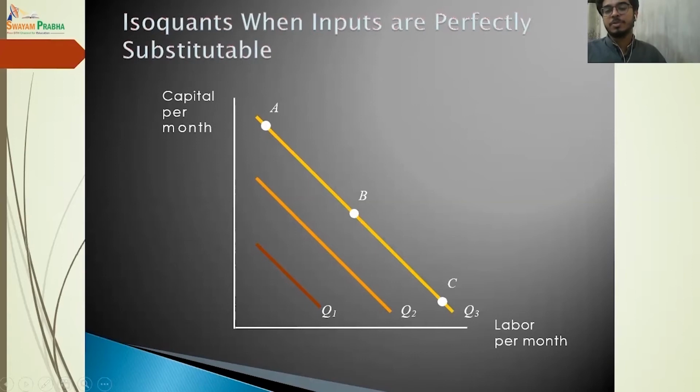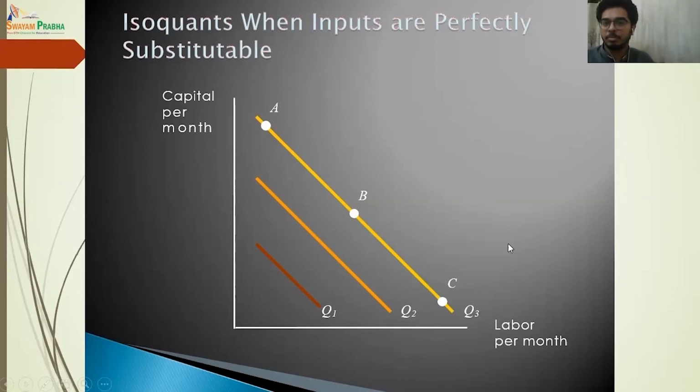Now, what we observe when we move from A to B, of course the composition is changing, and further from B to C. But you observe that the way I am replacing my labor or my capital is remaining fixed. That is not changing at all, because the slope has remained fixed.